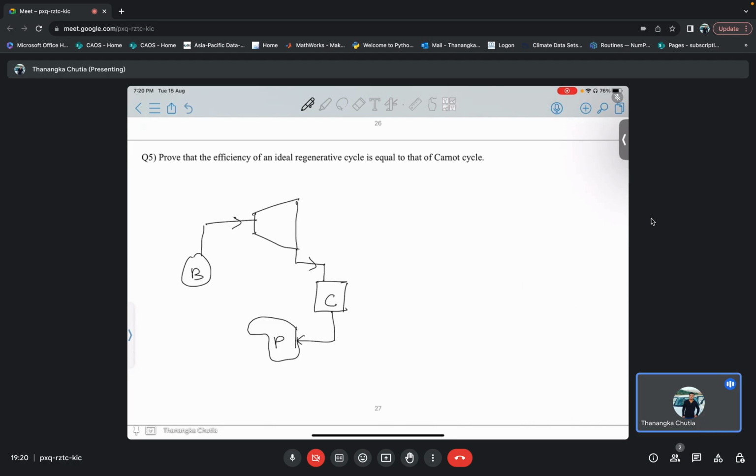But before going to the boiler directly, you allow it to pass along the turbine so that the hot steam comes this side and the condensed water comes this side, and the condensed water will automatically get heated. So basically a heat exchange takes place, and then it enters the boiler. This is how an ideal regenerative cycle works.